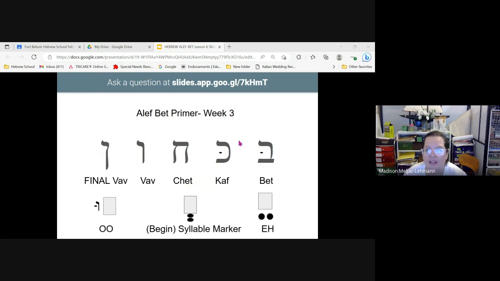And then week 3, these should be getting easier now: bet, kaf with the dot, het, vav, final vav, and then we have our begin syllable marker, and our oo.